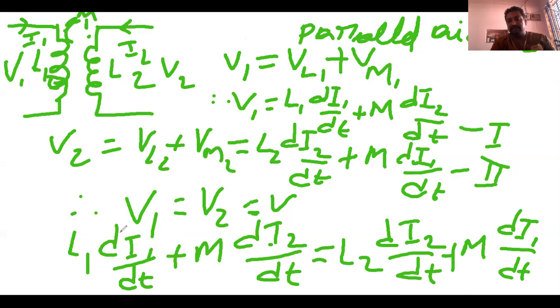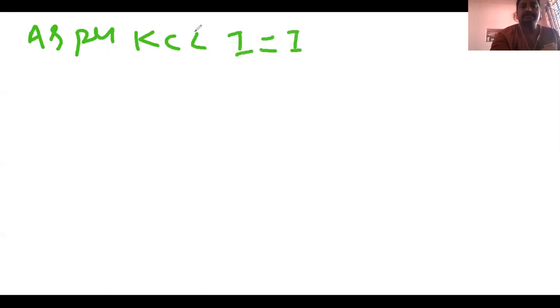Therefore, L1 into di1 by dt plus M into di2 by dt equals L2 into di2 by dt plus M into di1 by dt. Now in parallel connection, as per KCL, the total current is equal to I1 plus I2.